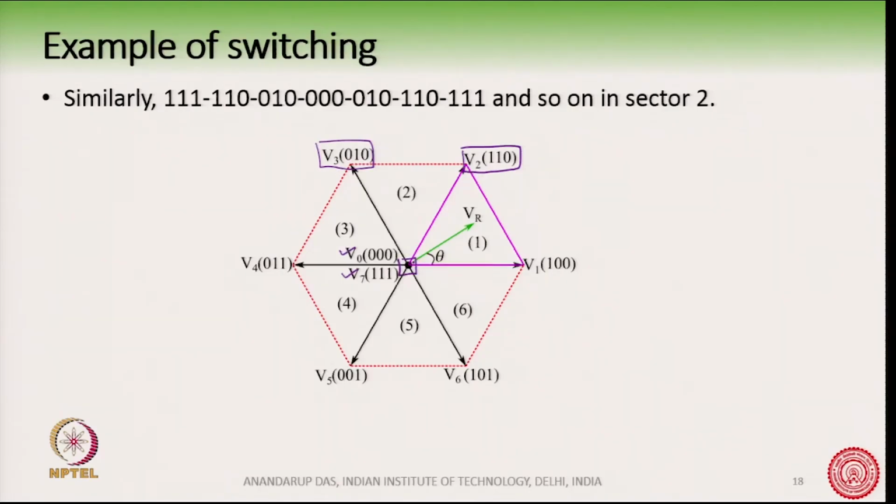So, this is how the switching in sector 2 will happen, when the reference vector is in this position. Similarly, you can find out, for example, if the reference vector is in sector 5, how the switching will happen, which are the vectors involved and what are their timings.